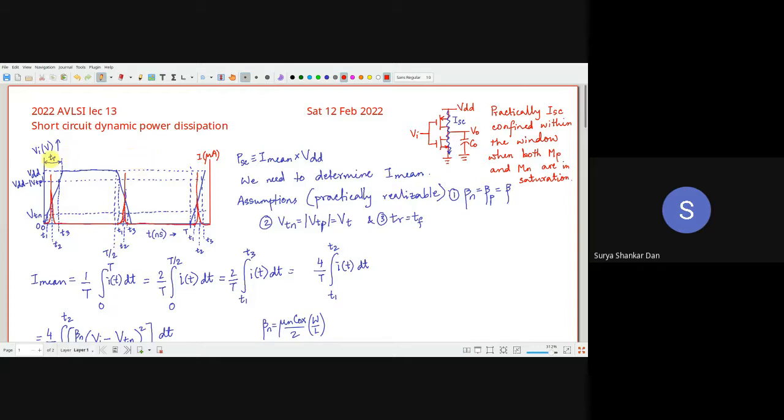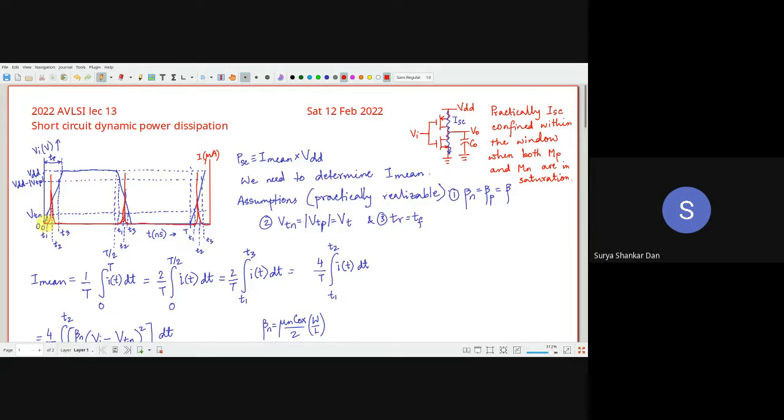Now, when we are trying to model this short circuit dynamic power, we have to keep in mind, and this is very, very crucial, conceptual also, that if Vi is a perfectly ideal step function, then there will not be any short circuit dynamic power at all. Why?